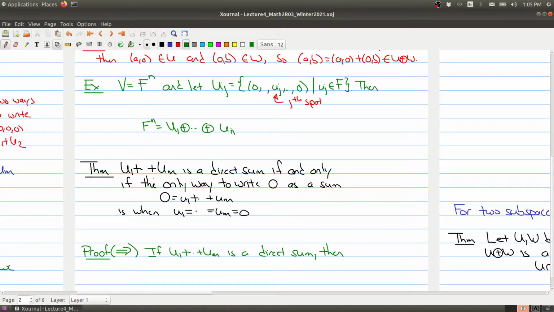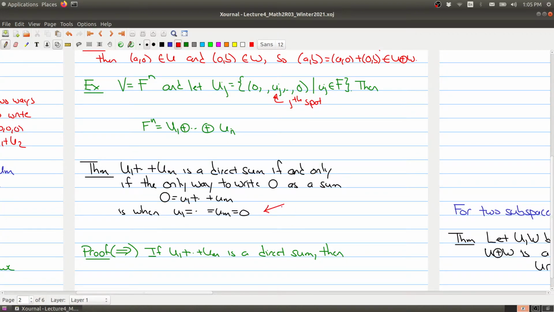So the beauty of this little theorem is that you have a direct sum if and only if the only way to write 0 as a sum u1 up to um is when u1 equals u2 up to um equals 0.